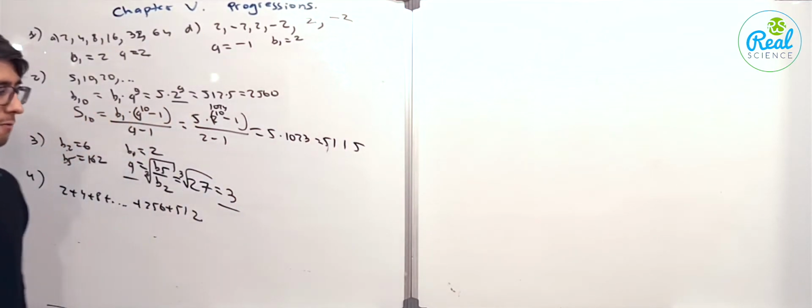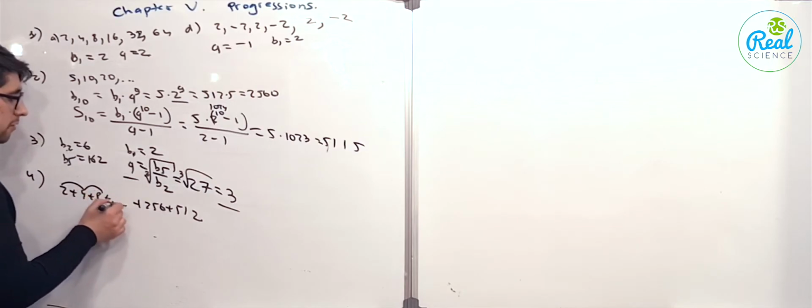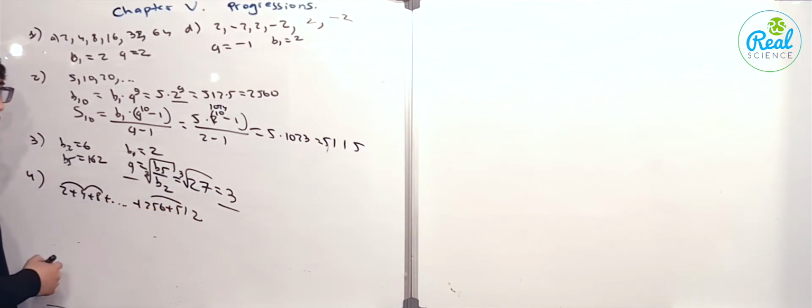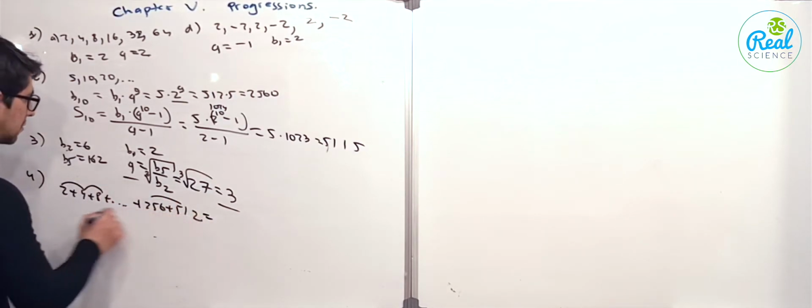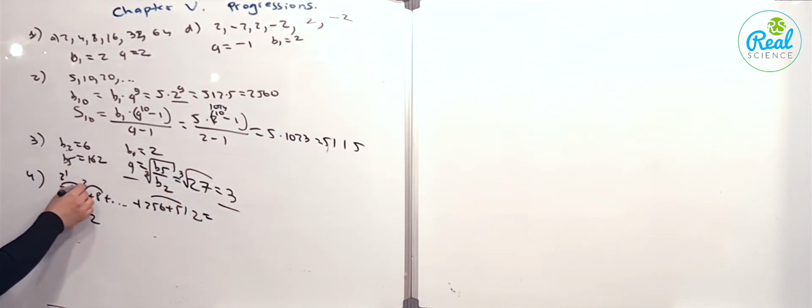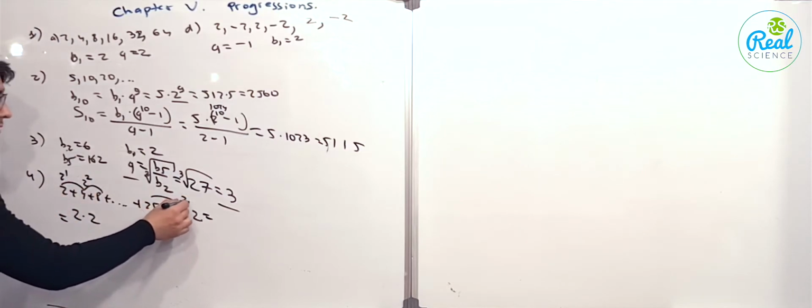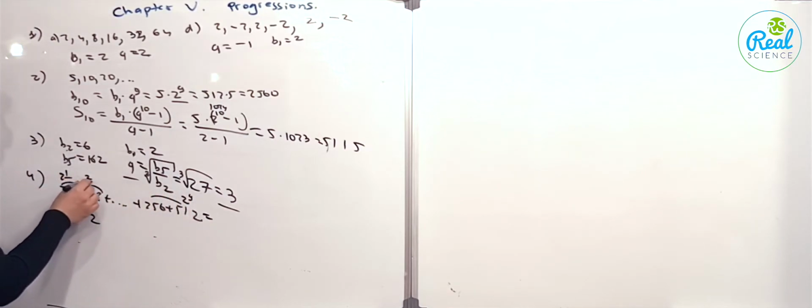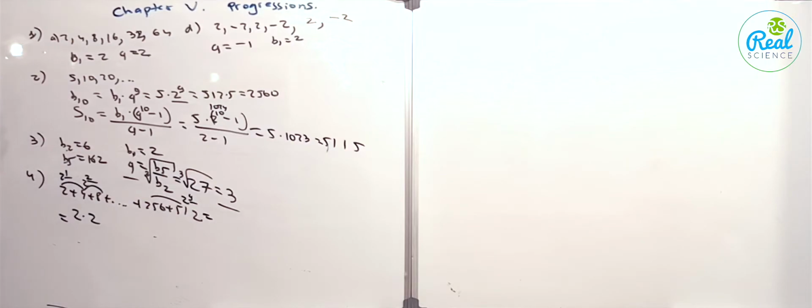So first you have to check whether the terms form a geometric progression. If yes, then you can use the sum formula. So what was the sum formula? B1 multiplied by Q to the power of how many terms you have. Your Q is 2. This is 2 to the power of 1, this is 2 to the power of 2, right? This is 2 to the power of 9. It means from the first one till the 9th one, the powers of 2 are written, right?